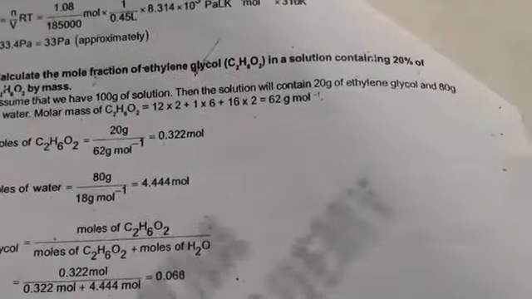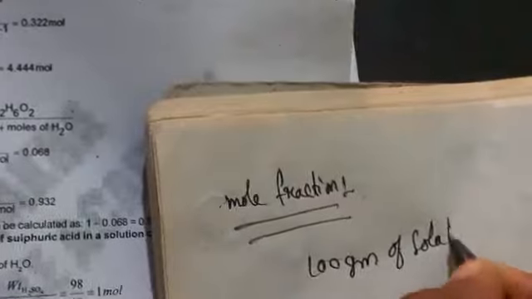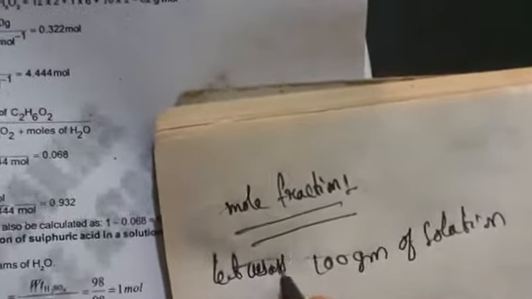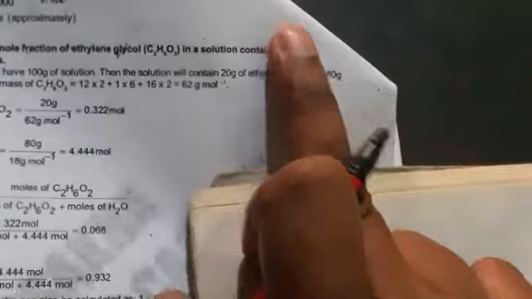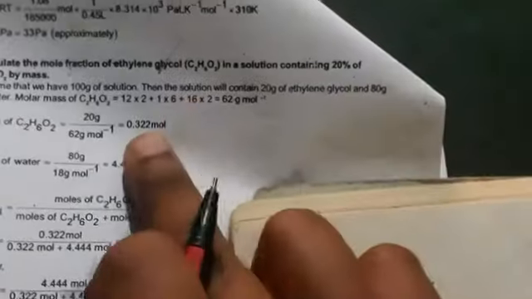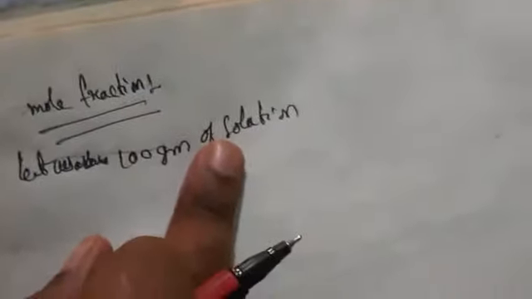Assume that we have 100 grams of solution. For example, if we are having 100 grams of solution, then the solution will contain, as he has given, 20% of ethylene glycol. So the solution is 20% ethylene glycol and we have to calculate 80 grams of water. Let us assume we have 100 grams of solution.